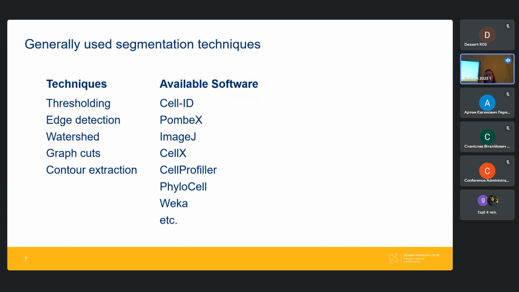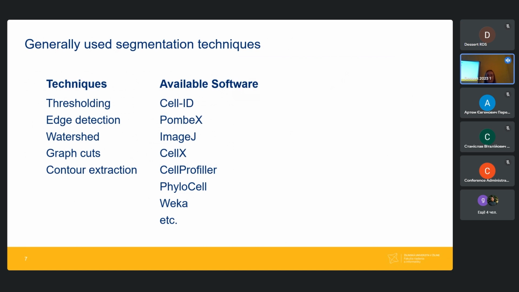Part of the research was also to explore some existing techniques, because the aim is actually not to develop some new technique in image segmentation, but just to make use of the existing ones. So I examined some techniques such as thresholding or contour extraction and similar.